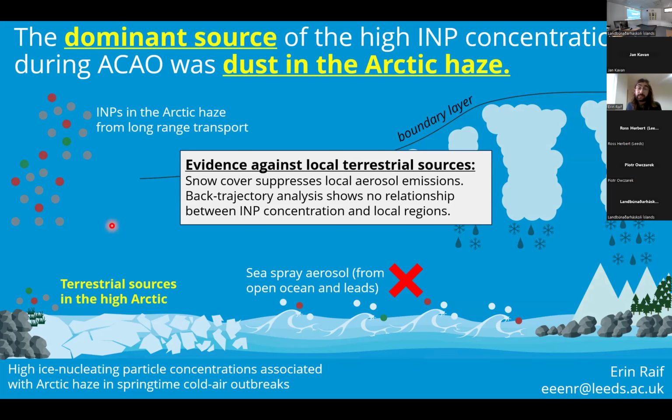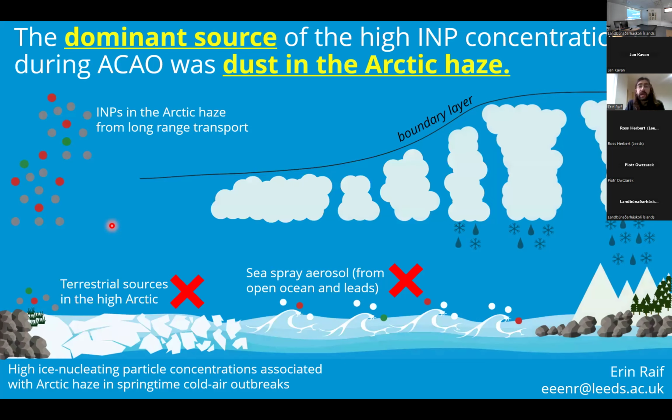And the back trajectory analysis showed no relationship between IMP concentration and surface level passes over local regions. So that suggested that terrestrial sources in the high Arctic weren't so important. And so that only left IMP that must have come from somewhere further off.